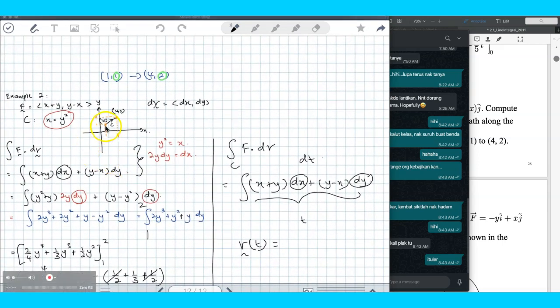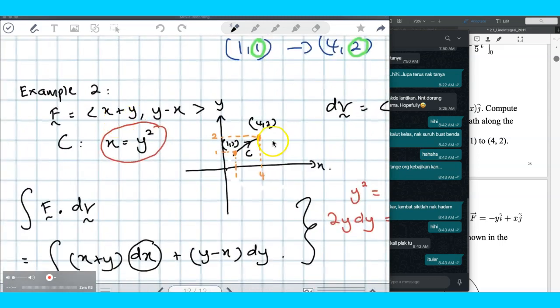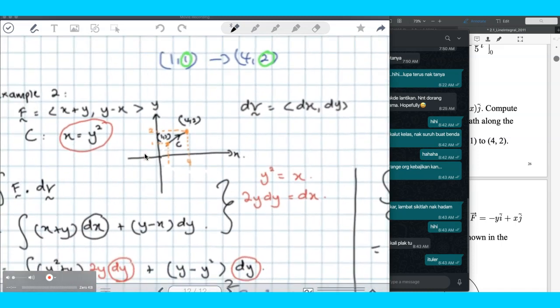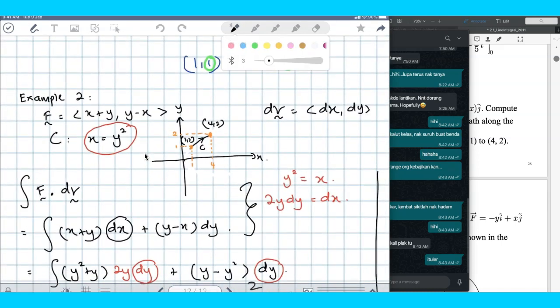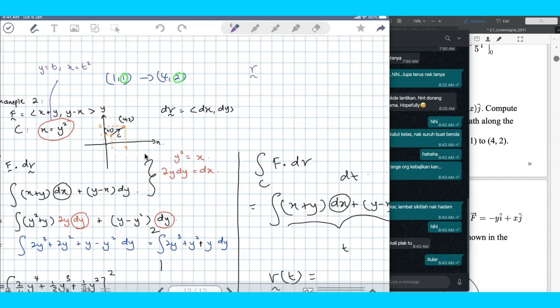So you know that your curve is this one part of the quadratic, coming from this equation. So I'm sure that you have no problem with that. For this, you can get the vector in terms of t, since x is equal to y squared, so we can let the simplest parametric equation, we set y equal to t, so that x is t squared. Then your vector function r of this curve is given by t squared, t.